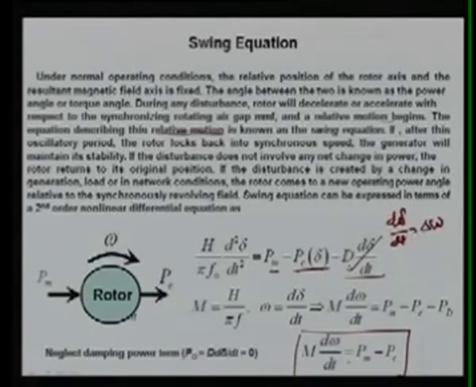Now you can see earlier I was using H and now I am using M. They are related as M, the angular momentum, is equal to H upon pi f naught, and omega is nothing but d delta upon dt. So the whole equation can be written in terms of omega.